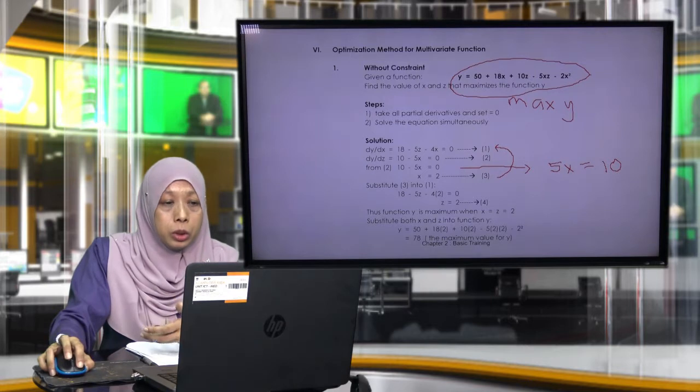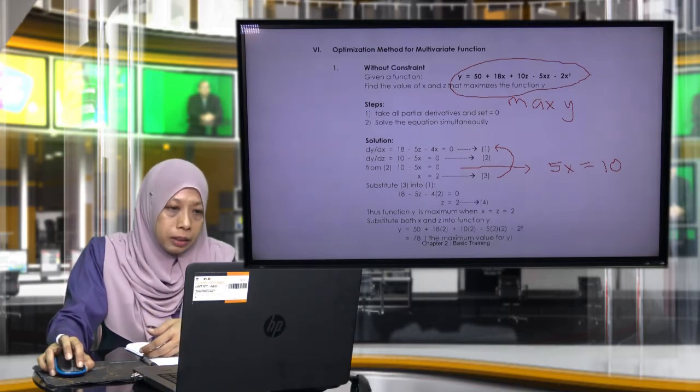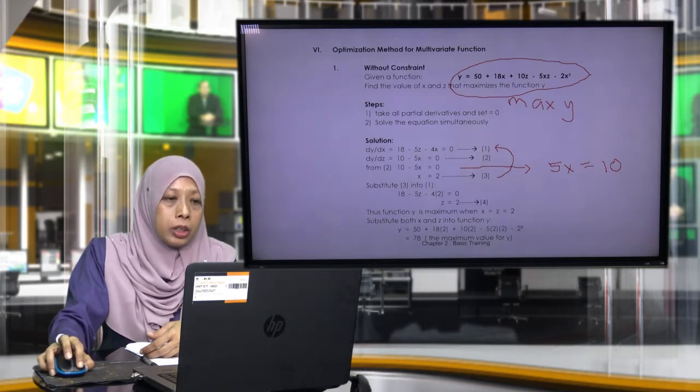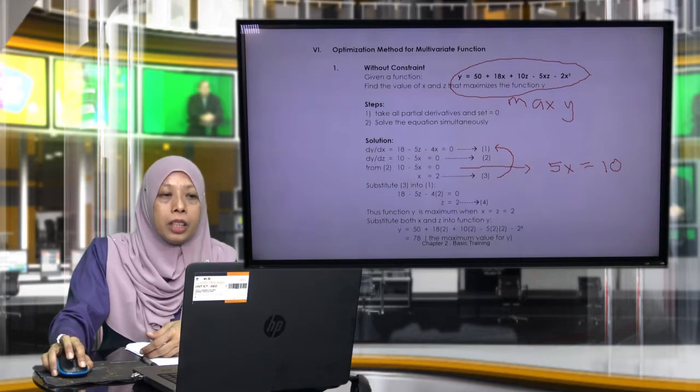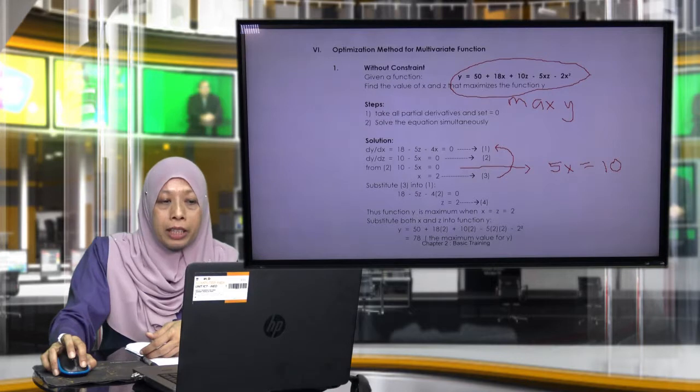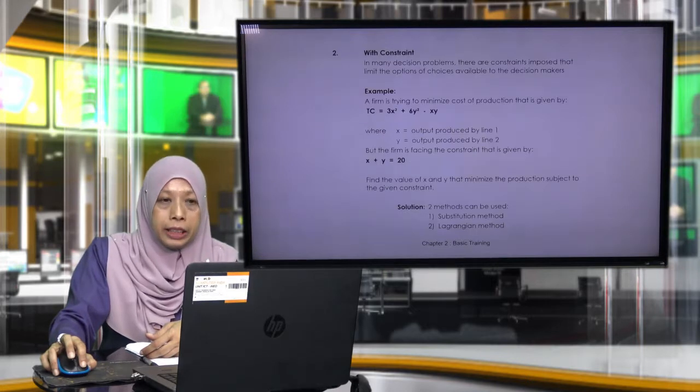If you want to find out the maximum value for y, all you need to do is substitute the value of x and z into your y function, and you're going to get y equal to 78.